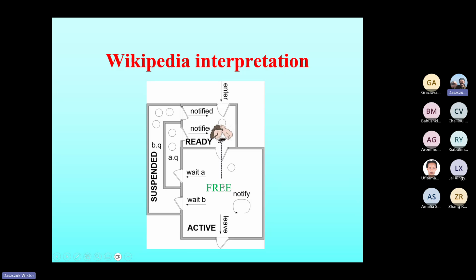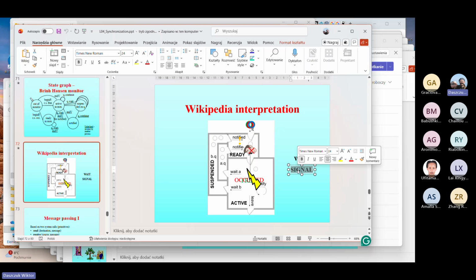If the critical section is free, it takes the critical section. If a process looks at the critical section that is occupied, it waits on entry to the monitor. When a process waits, it can let another process enter the monitor.